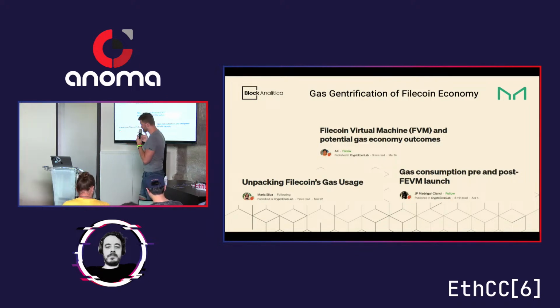And there was this unknown dynamic of how much demand for the computer resources would actually come from the FVM. Because if there is too much demand from the FVM, we can come to a point where it wouldn't be profitable for the storage providers to provide their services, and that would obviously cause a problem to the ecosystem, and that's the case of gas gentrification.